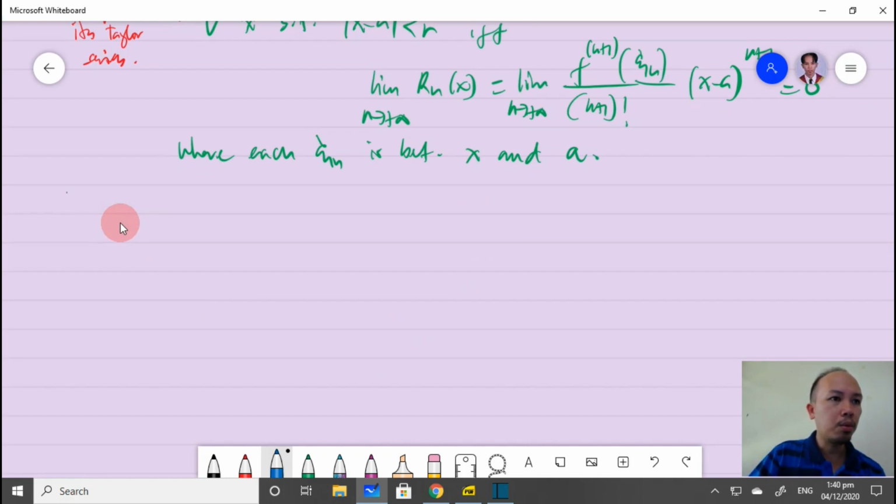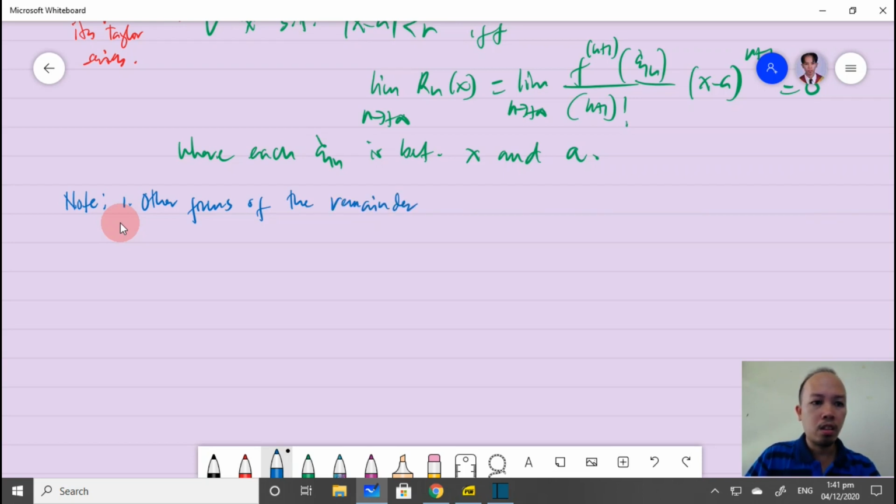In blue, we have to put a note here: number one, other forms of the remainder r sub n of x.